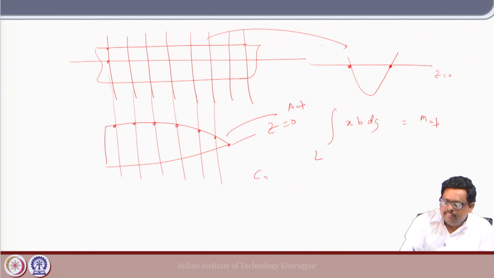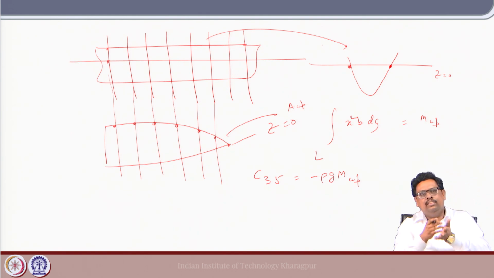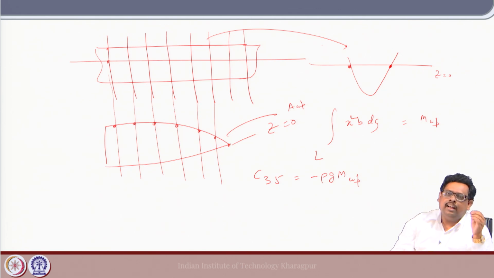So, your C35 equals minus rho g times this M_WP, and if you take the second moment, you will get C55 also, right. Those things are very well known to us, so we really do not discuss this. This is very trivial, and at any point you can use either the trapezoidal rule or Simpson's rule to get these coefficients, right.